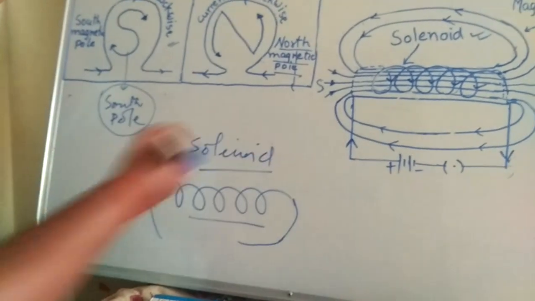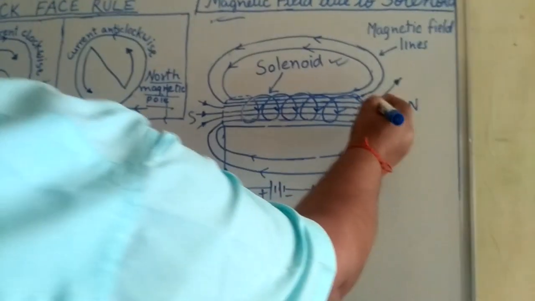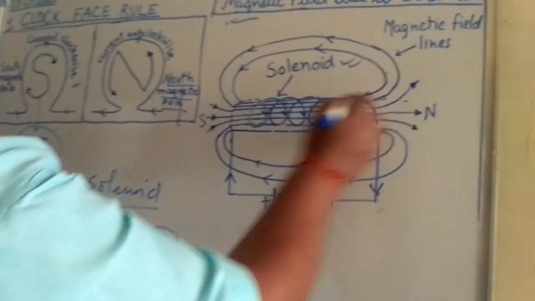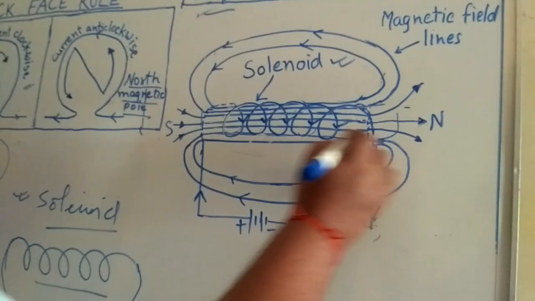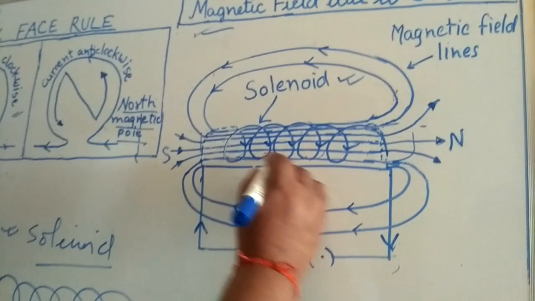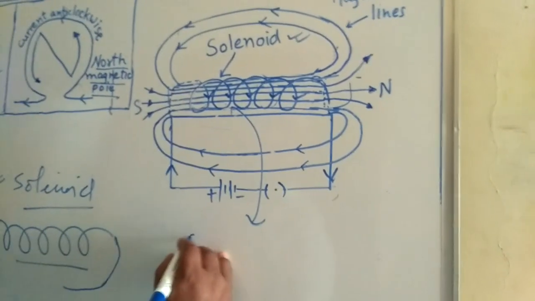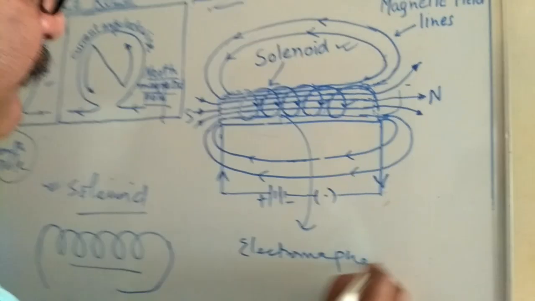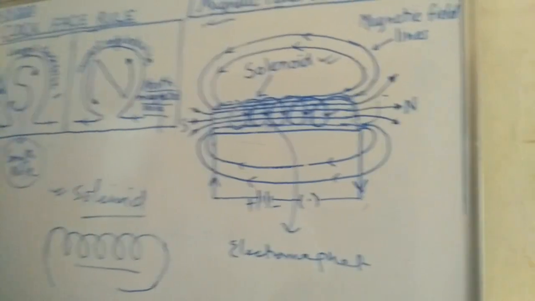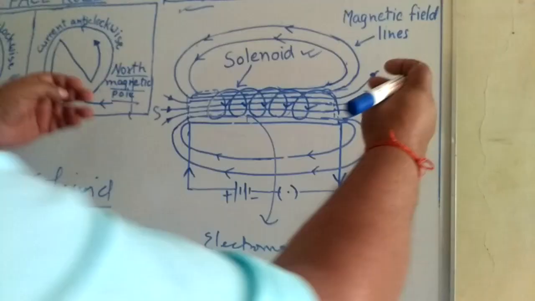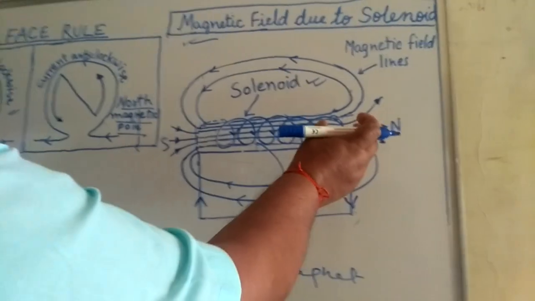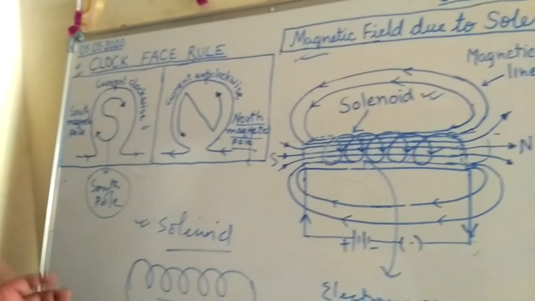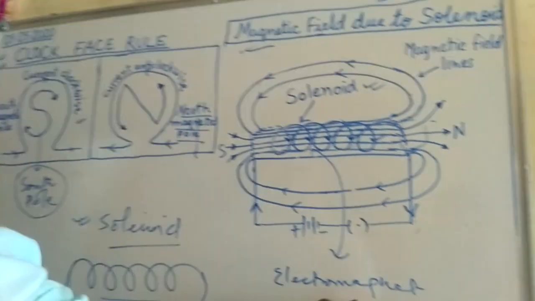When we insert a soft iron core into this solenoid, it becomes an electromagnet. This same solenoid behaves like a magnet, and when we put the soft iron into it, it behaves like an electromagnet.